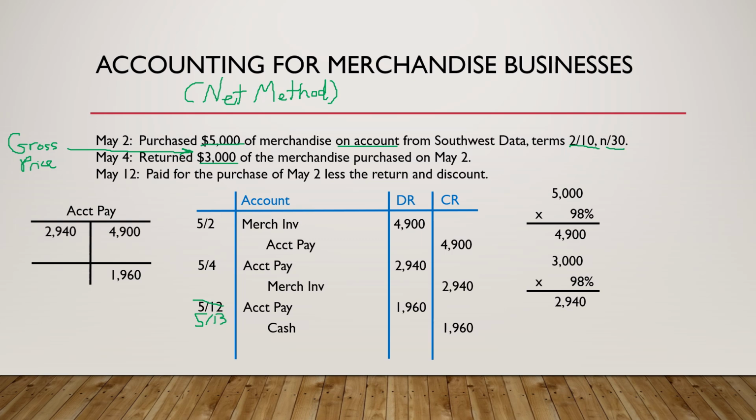An adjustment would only be necessary if the payment were made after that 10-day period. In such an instance, we would credit cash for $2,000. Take the $1,960 balance in AP and divide it by 98%, or 100% less the early payment discount amount. Now, to balance our journal entry, we post the value of that missed discount as a debit to merchandise inventory.